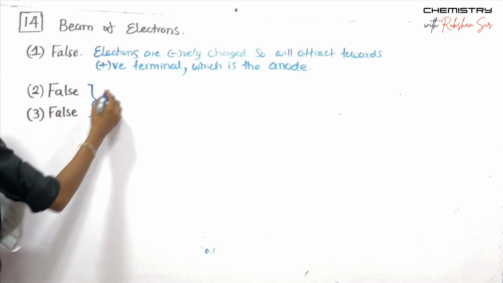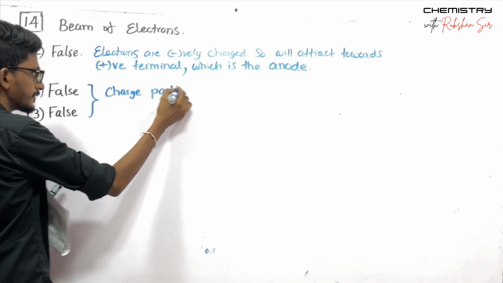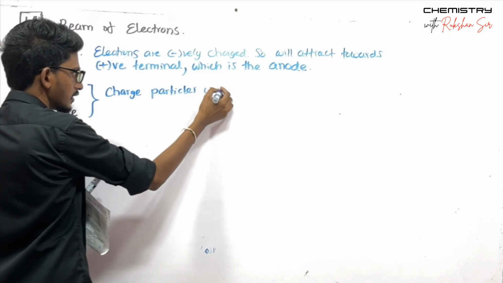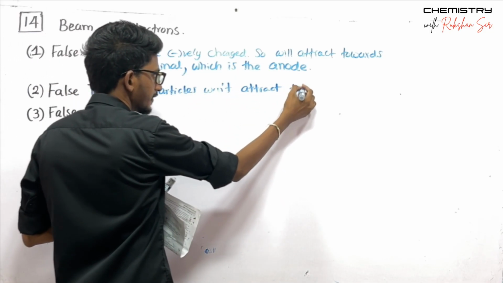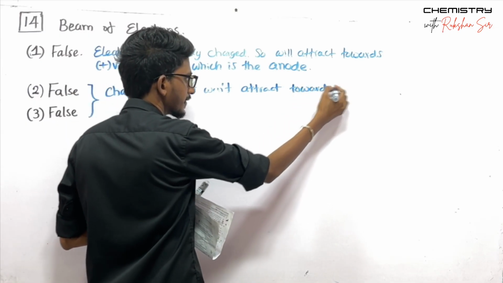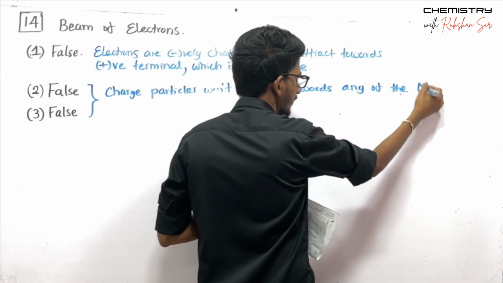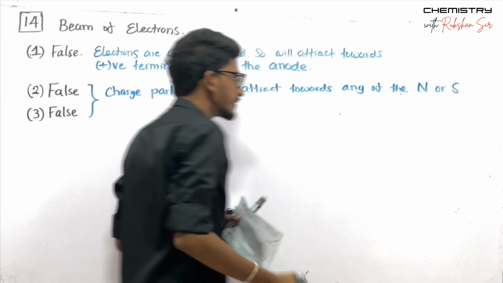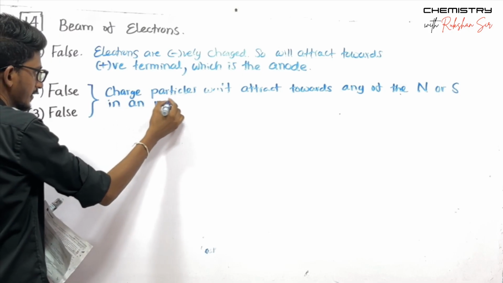Charged particles won't be attracted towards any of the north or south poles in a magnetic field.